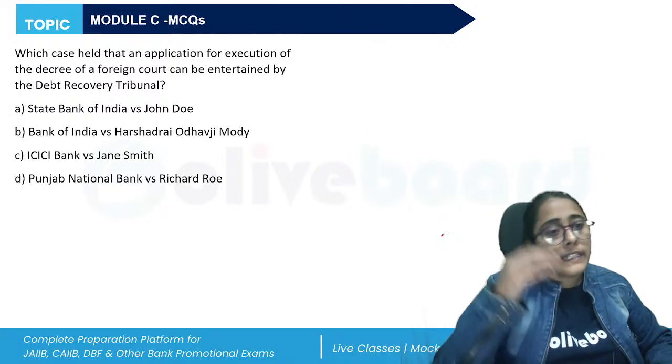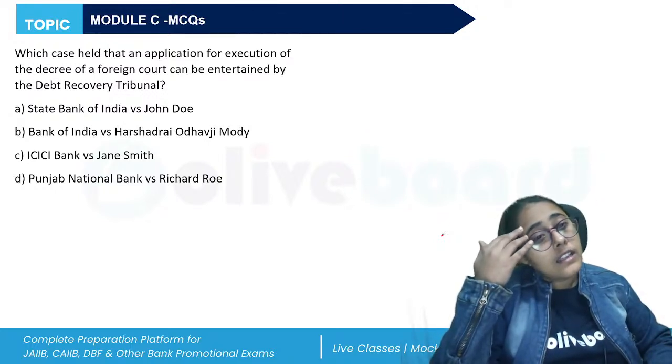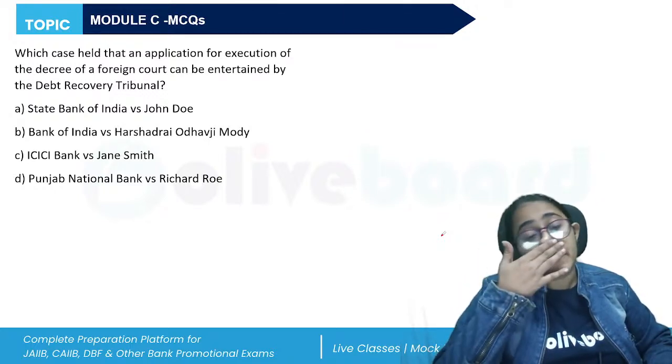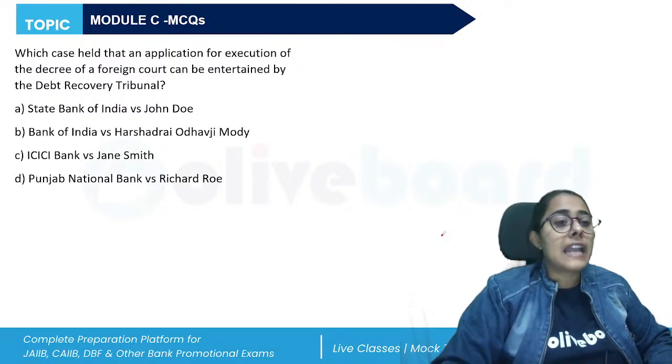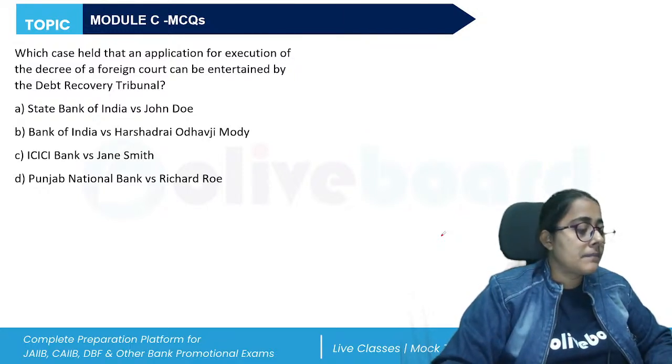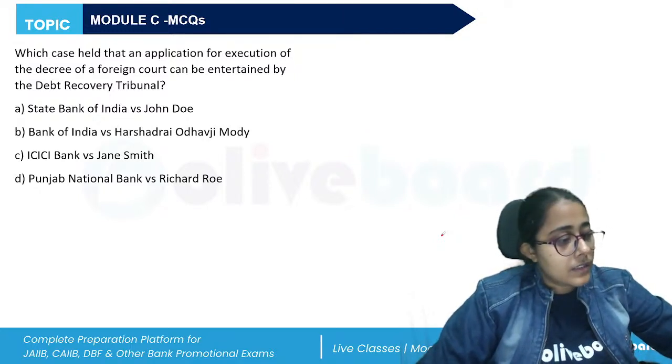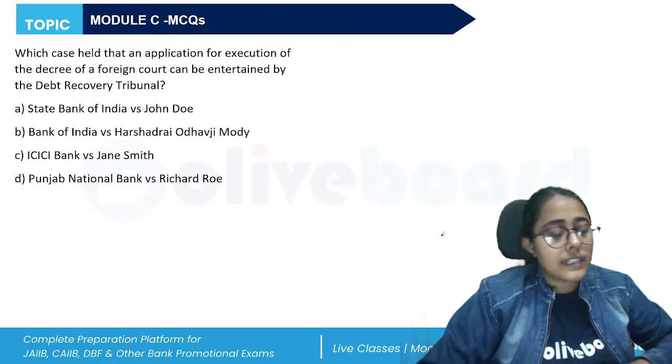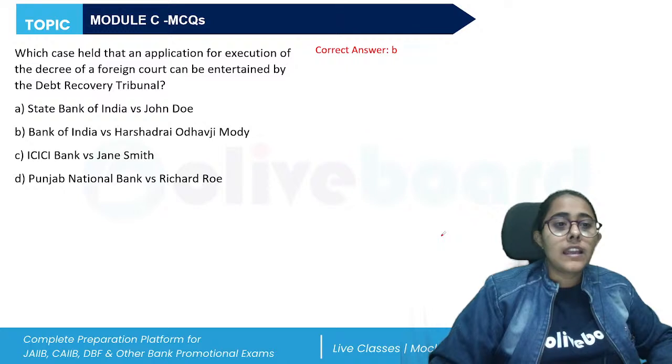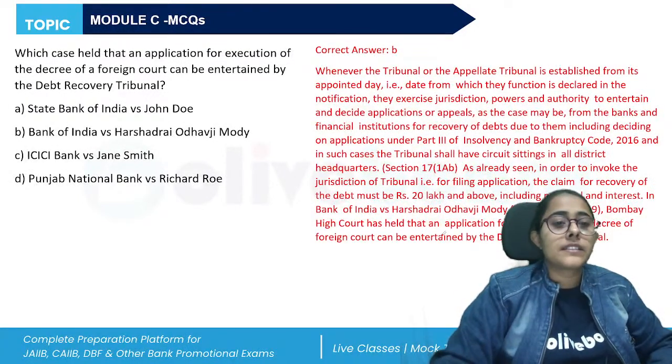In which of these cases was it held that any decree made by a foreign court can be entertained by the DRT? The correct answer will be option B. That is the famous case of Bank of India versus Harshad Rai Odavji Modi.